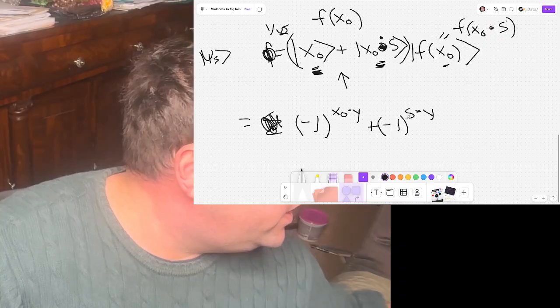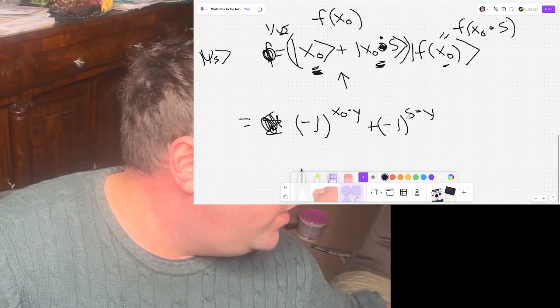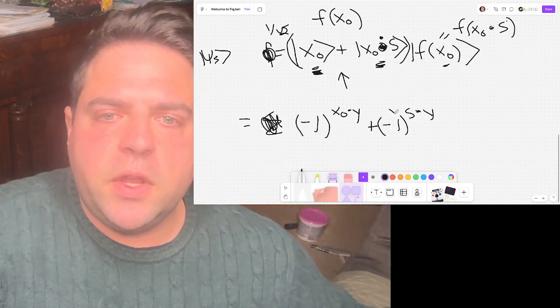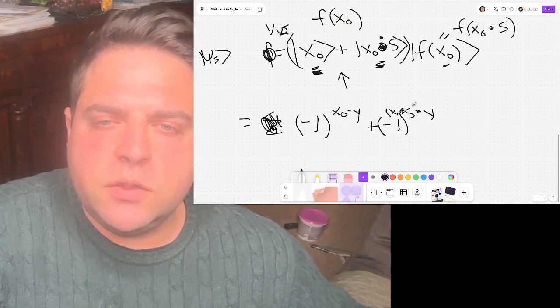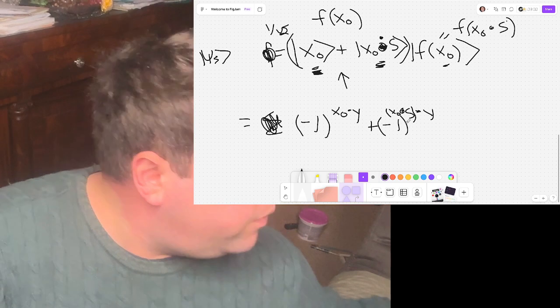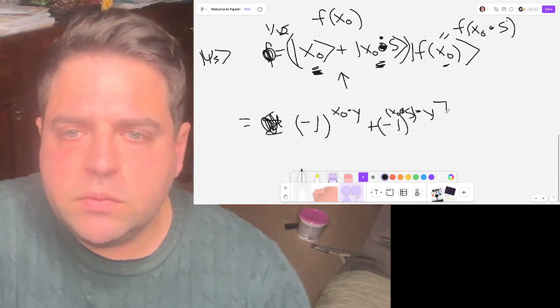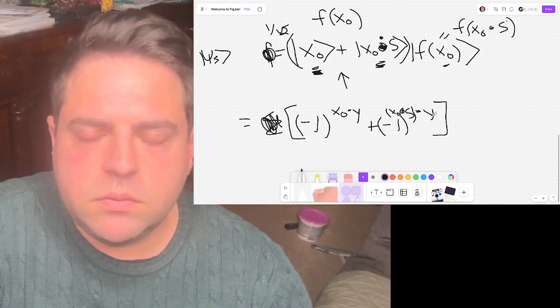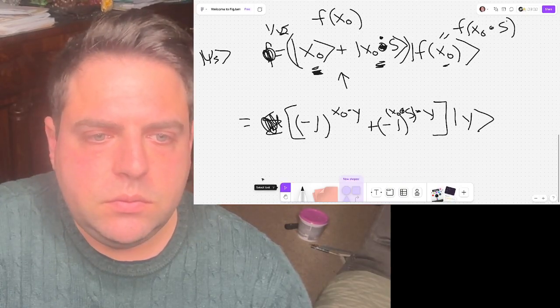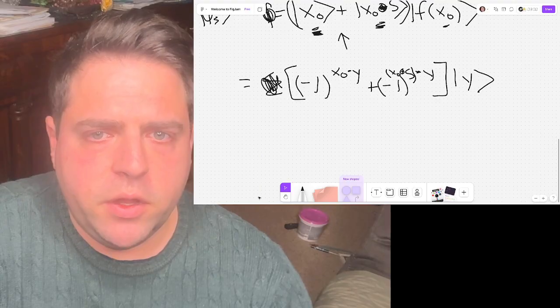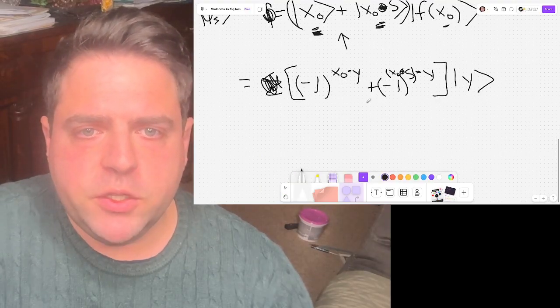S dot y is the second phase. No, it's x bitwise phase times y. Okay, now we're looking good, because there's a pattern here.